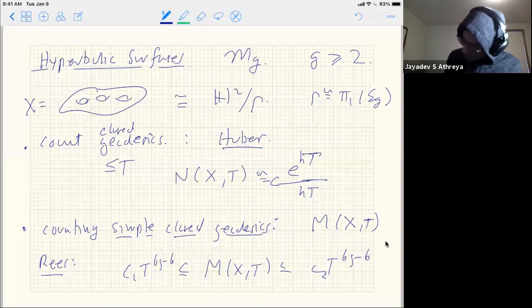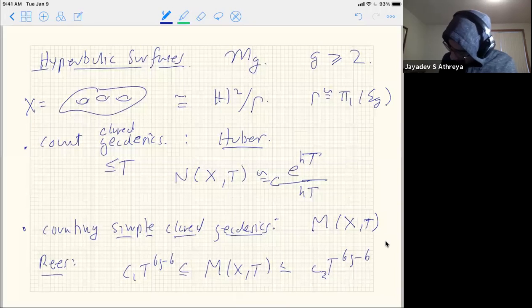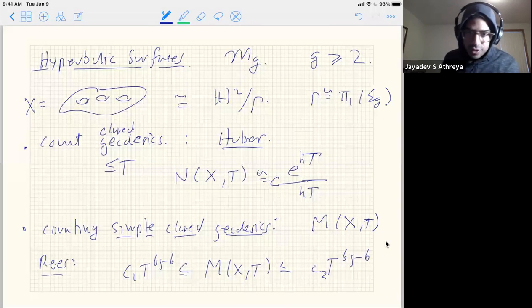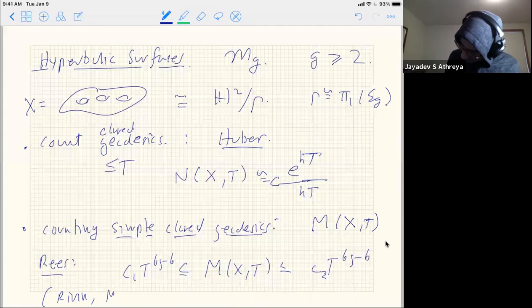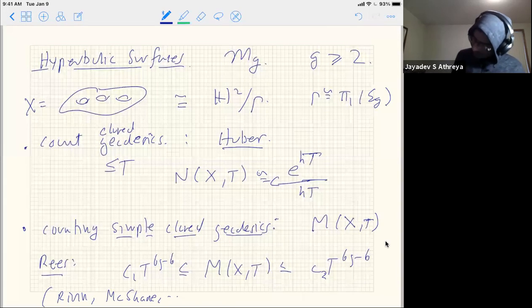I don't think I mentioned that when I was talking about translation surfaces. So Mary Rees proved that the number of simple closed geodesics of length less than or equal to t is on the order of t to the 6g minus 6. Lots of other people made important contributions, Igor Rivin, Greg McShane, in various cases.